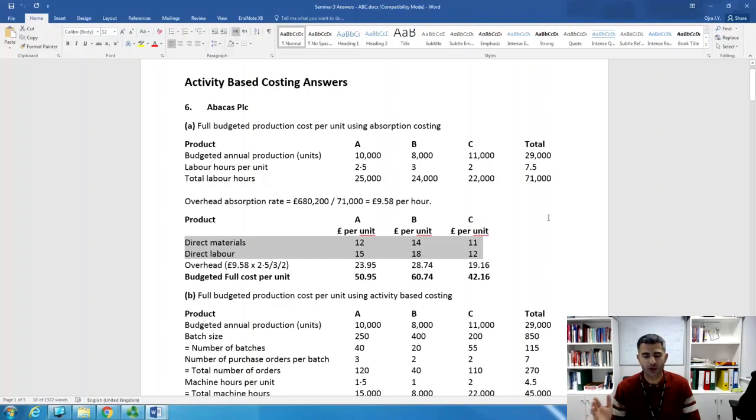Our issue is with the overhead cost per unit, which we need to calculate here. So once we have the OAR, 9.58, you just need to multiply it by what? Multiply it by the direct labor hours per unit. This one.